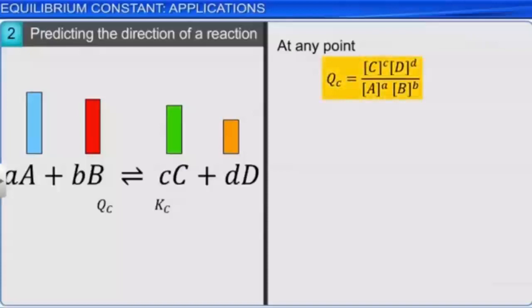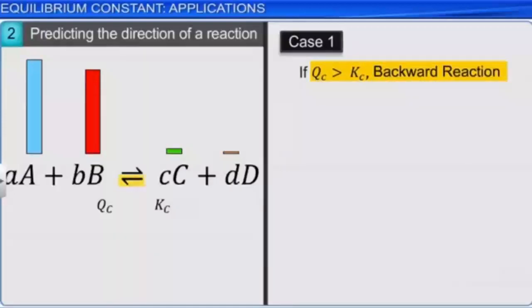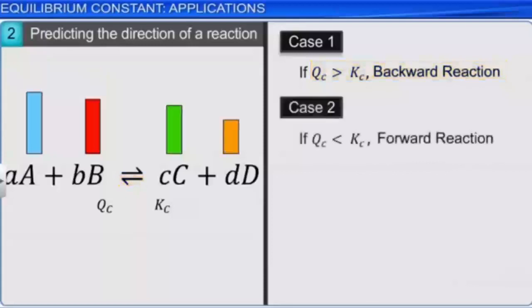Let us now examine how the reaction quotient and equilibrium constant help us in predicting the direction of a reaction. If the value of the reaction quotient Qc is greater than the equilibrium constant Kc, it means that the backward reaction takes place. In other words, the reaction proceeds in the direction of the reactants. If Qc is less than Kc, the forward reaction takes place.